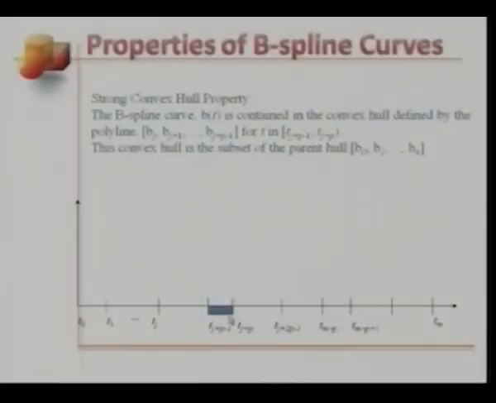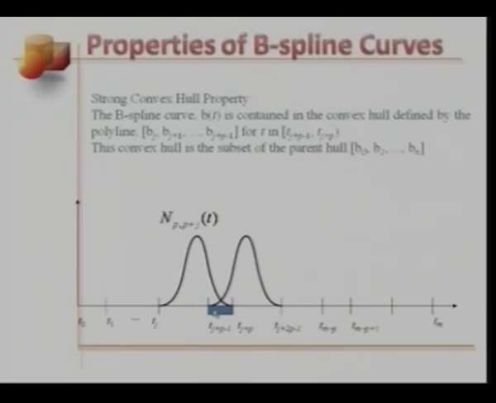Let's look at the graphics now. This is the interval of concern, t(j+p-1) to t(j+p). This B-spline basis function is N(p,j). The last knot is t(j+p).